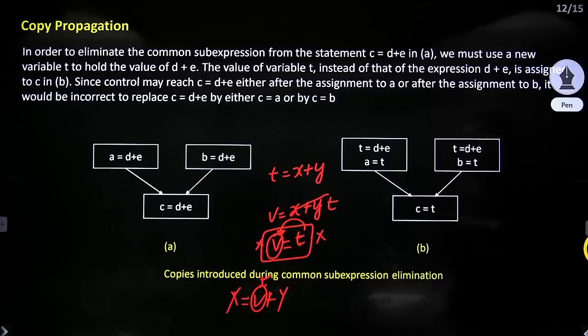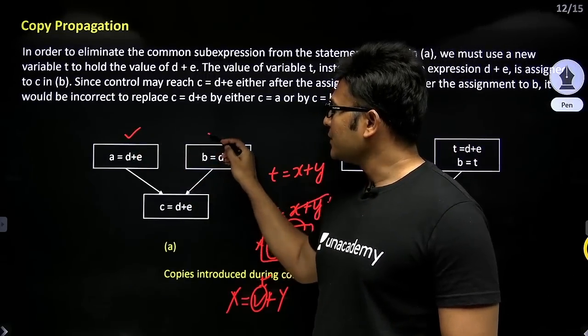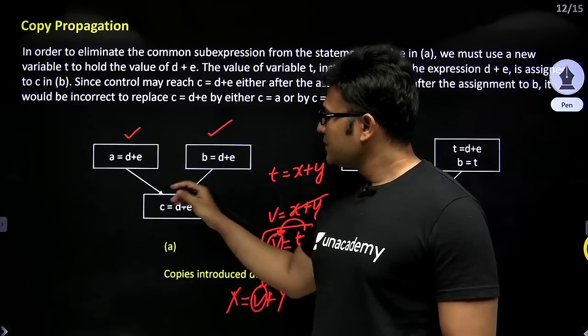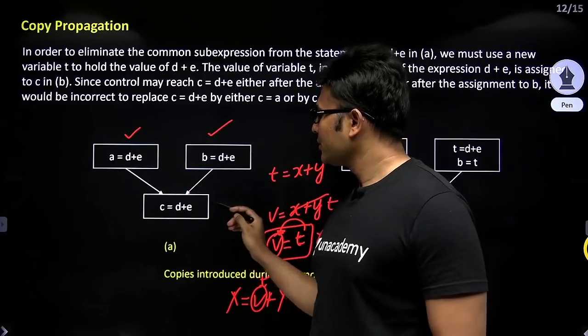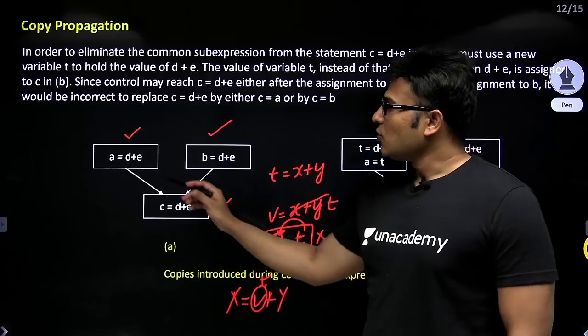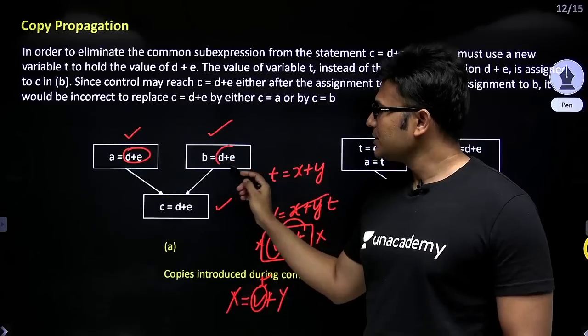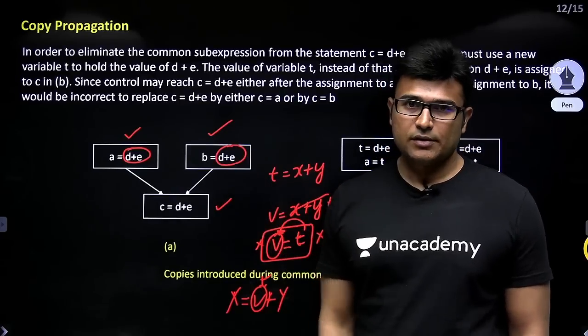Now let us say we have two basic blocks like this, and after any one of them is over, this basic block is executed. Therefore d + e is a common subexpression in both, right?